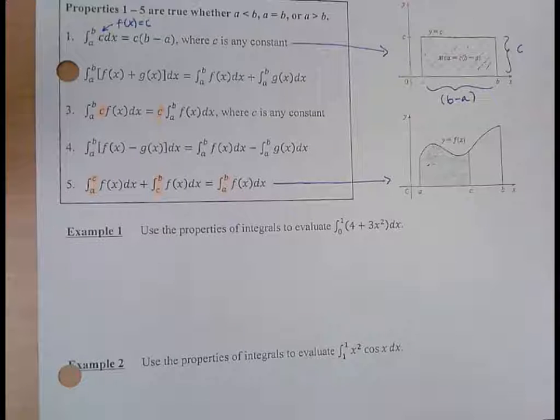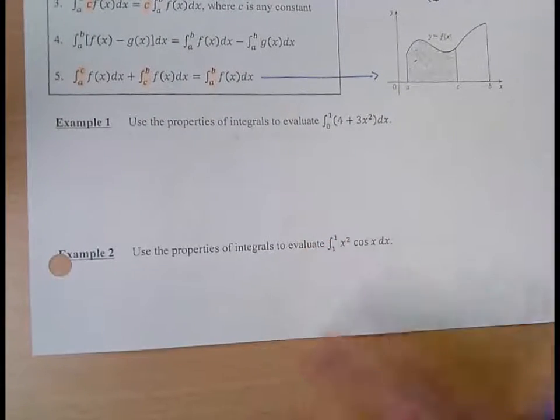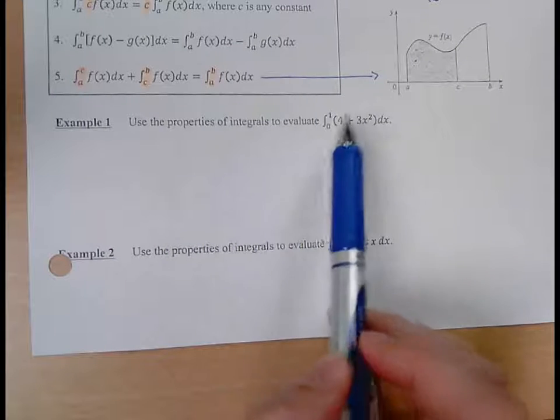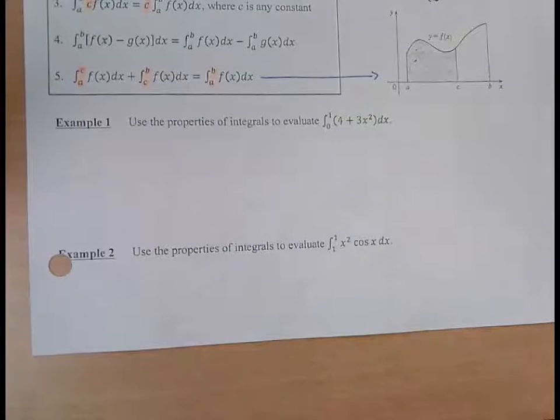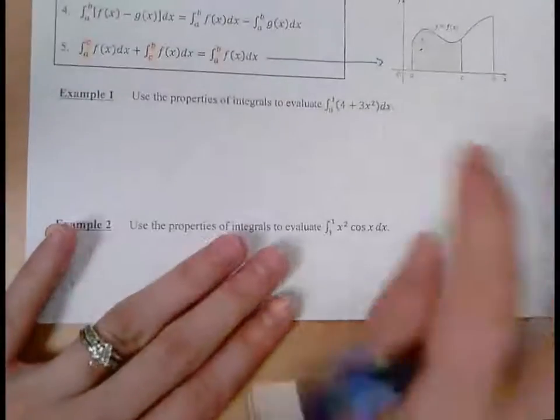So here's 2 examples using some of the properties from above. It says use properties of integrals to evaluate the integral from 0 to 1 of 4 plus 3x squared dx. So I'm going to show you how to rewrite this so that we can apply these properties.